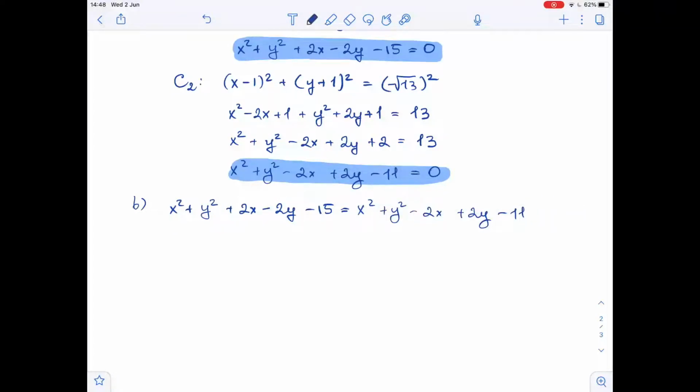So at the points of intersection where our circles intersect, the left sides of their equations are equal to each other, and now we just need to solve this equation.